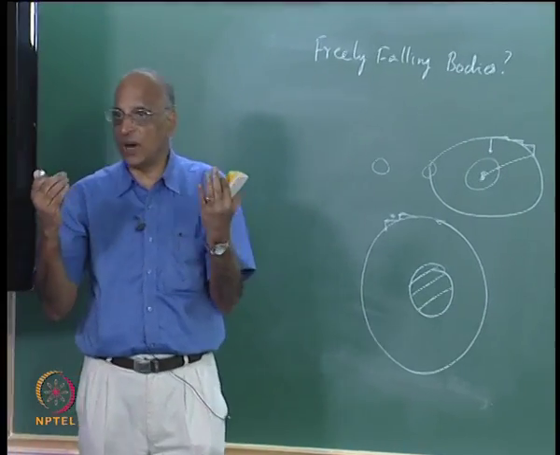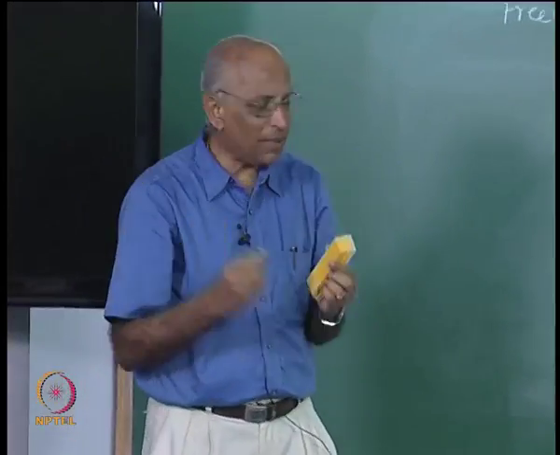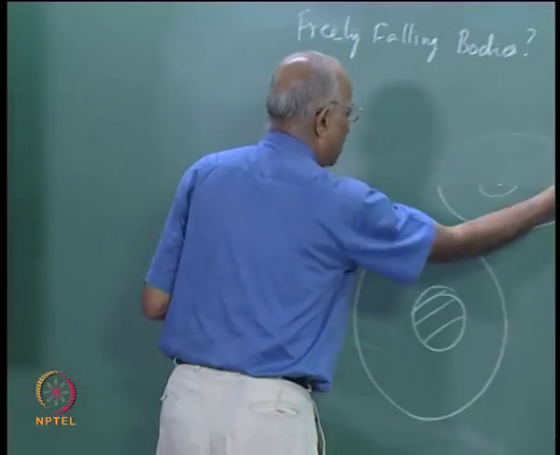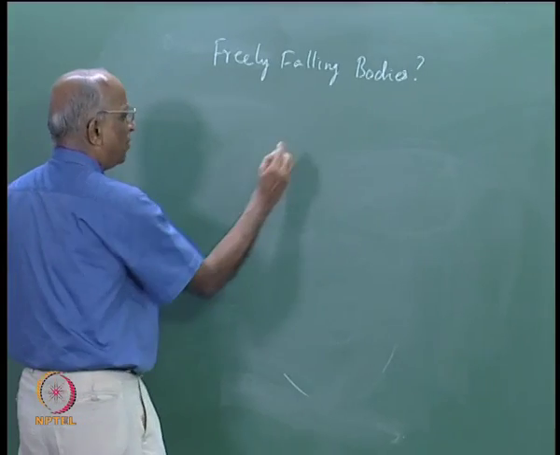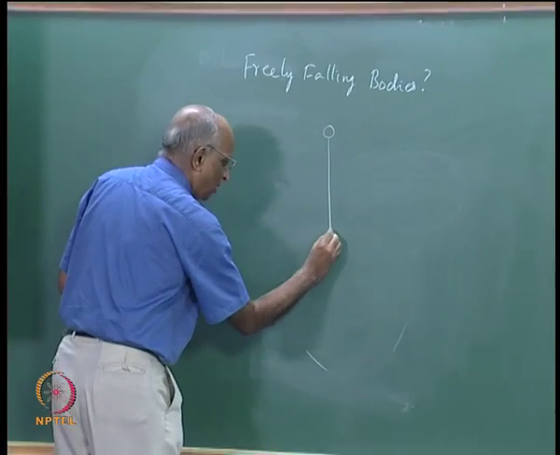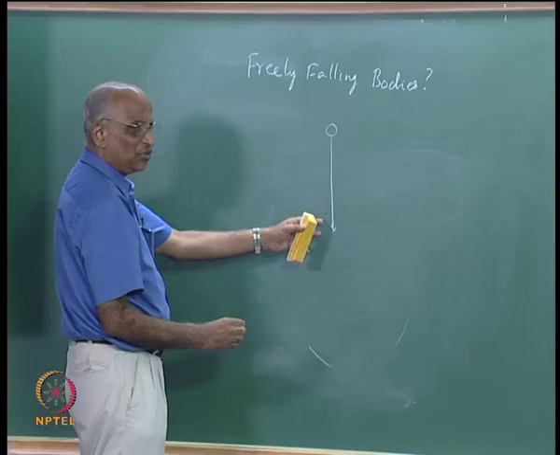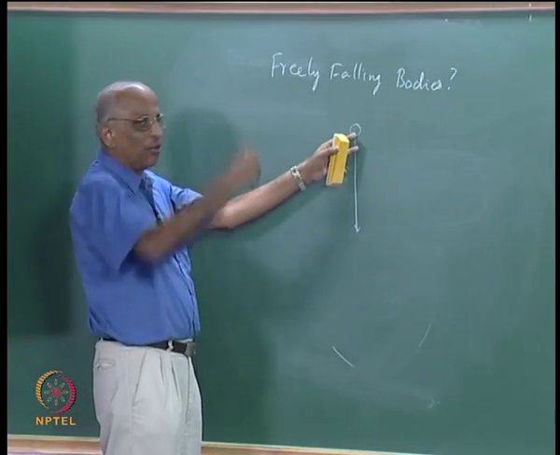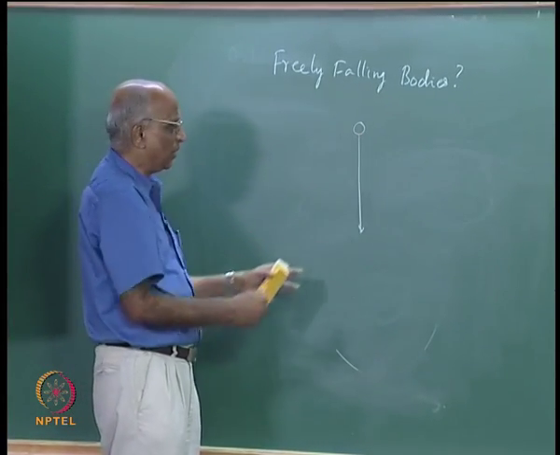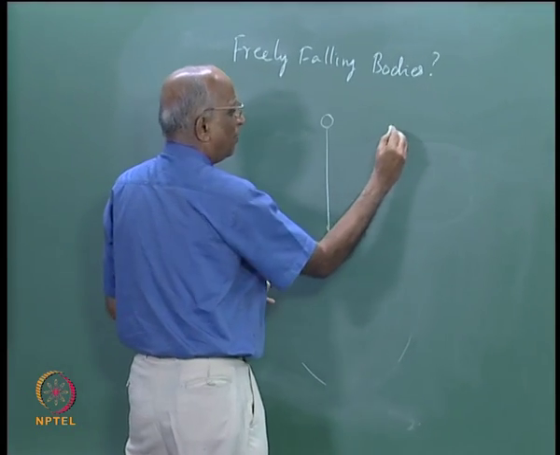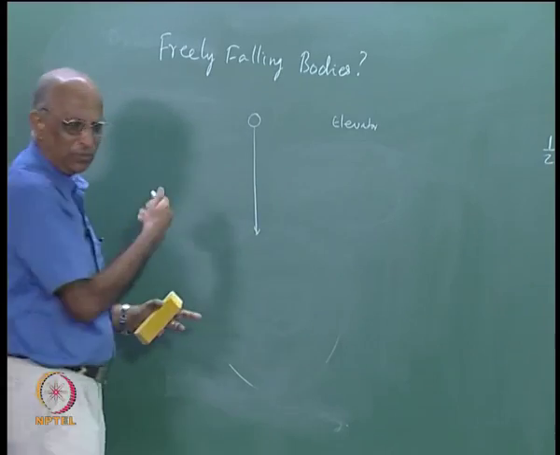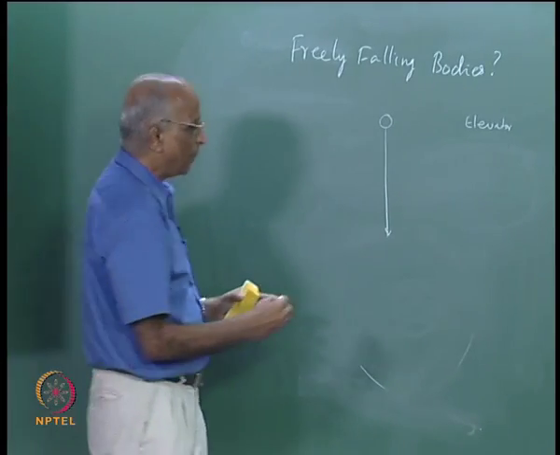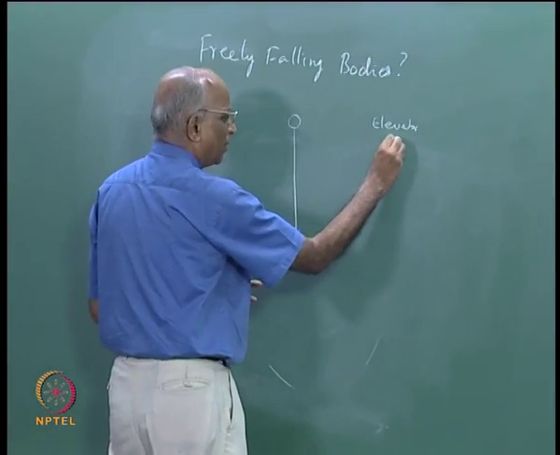And what is the thing which we understand by freely falling bodies? Let's take 2 examples. Let us assume I have a stone, it falls freely, but let us assume that there is no resistance due to air, because we are talking of space, therefore it is just falling freely. I also take an example of an elevator or a lift. We climb to this room through the elevator, and let us say the elevator falls freely.